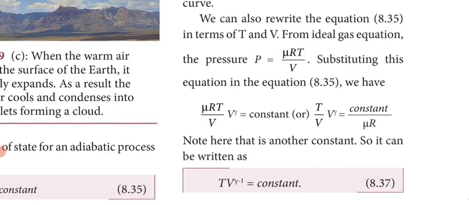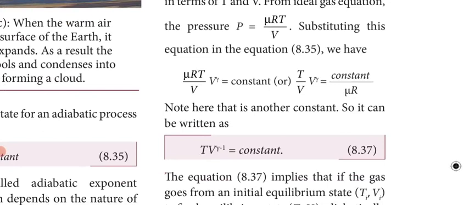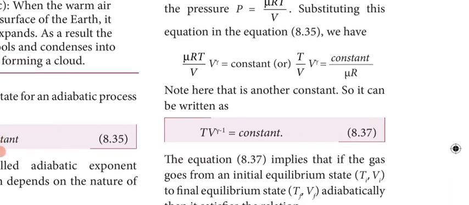We can also write the ideal gas equation in terms of V and T. From this equation, pressure is mu RT by V. Substituting this value in the other equation, we get mu RT by V times V^nu is equal to a constant.